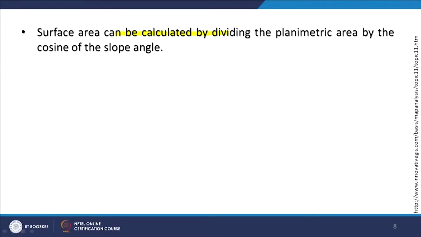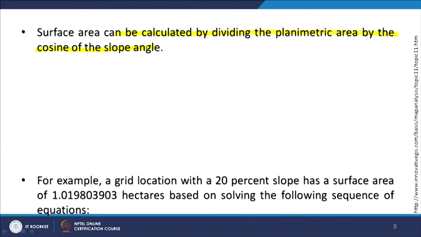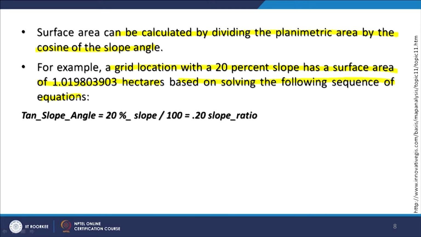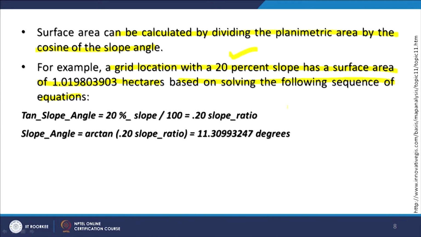So surface area can be calculated by dividing the planimetric area by the cosine of the slope angle. A grid location of 20% slope has a surface area of this many hectares, based on solving the following equations, which we have already seen. The slope is 20%, divided by 100, and we get this ratio.